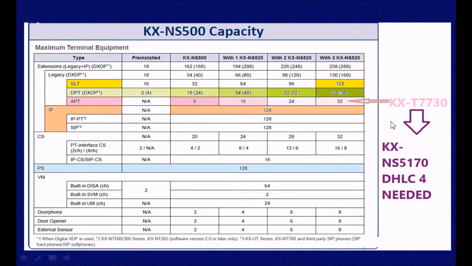But please notice that 7730 will only be used when we install this DHLC card. This card is always needed if you want to use the analog proprietary telephone 7730.